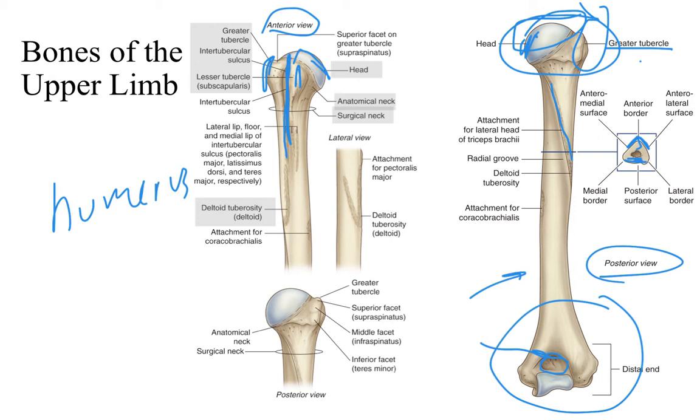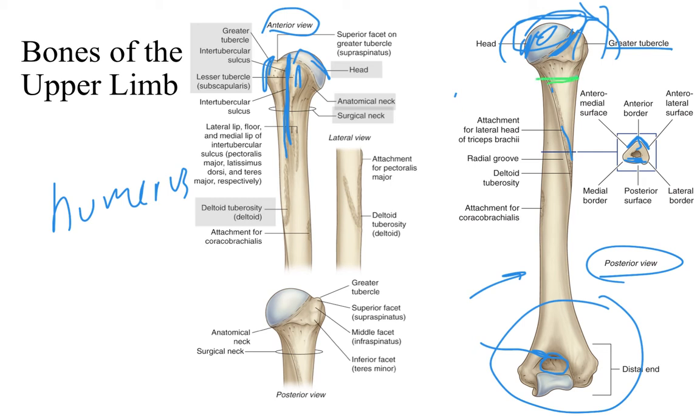The other thing I want to mention about the humerus is that it actually has two necks. So if this is the head, this would be the logical place for where the neck is, and we call that the anatomical neck. But the humerus also has a second neck, which is located right here.